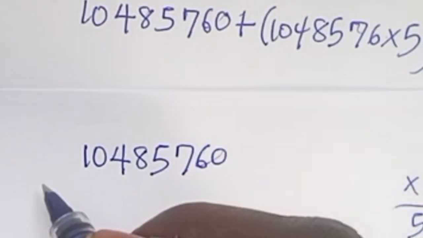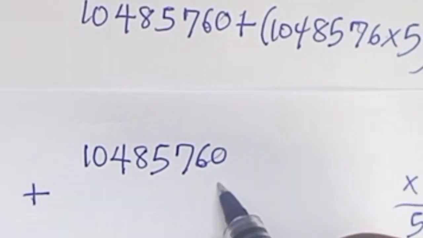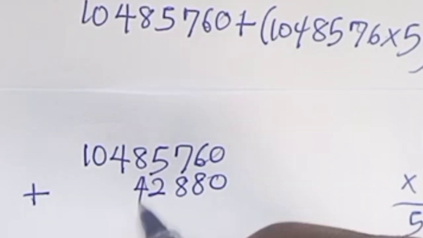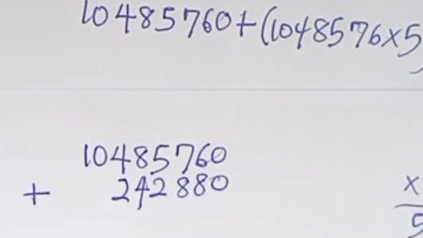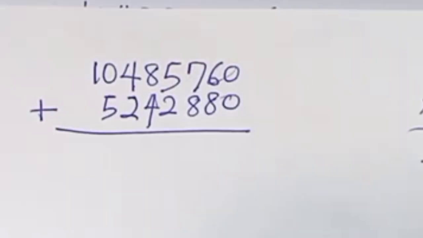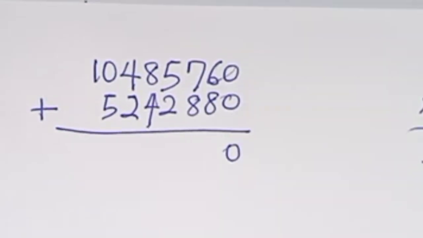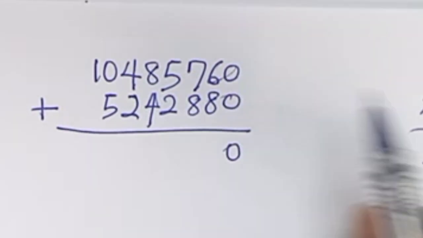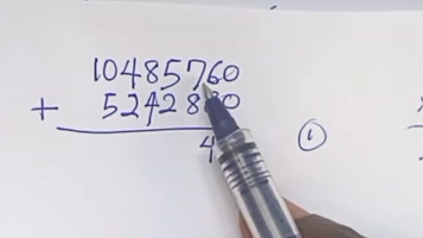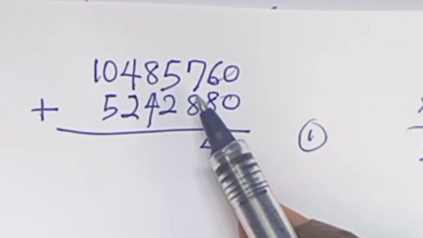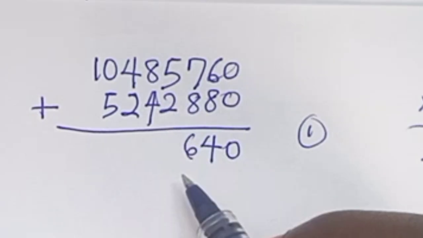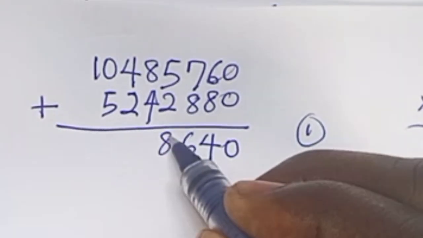10,485,760 plus here 5,242,880. So if we add this, we're going to have 0. 8 plus 6, 14. Put down 4, carry 1. 7 plus 8, 15. Plus 1, 16. Write down 6, carry 1. 5 plus 2, that is 7. Plus 1 is 8.